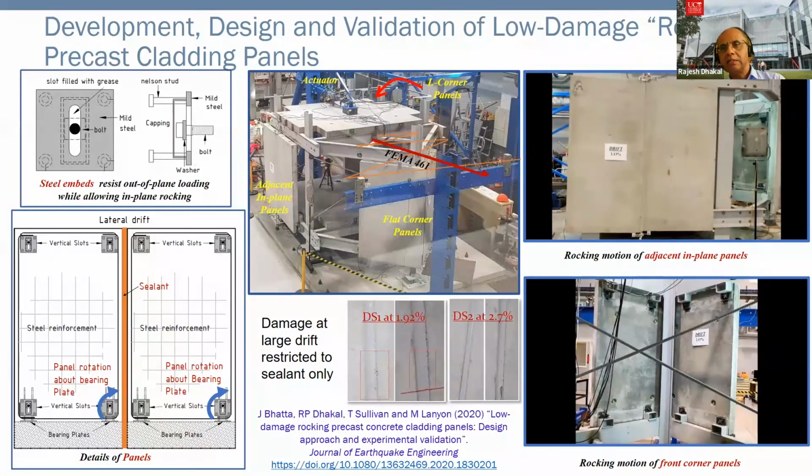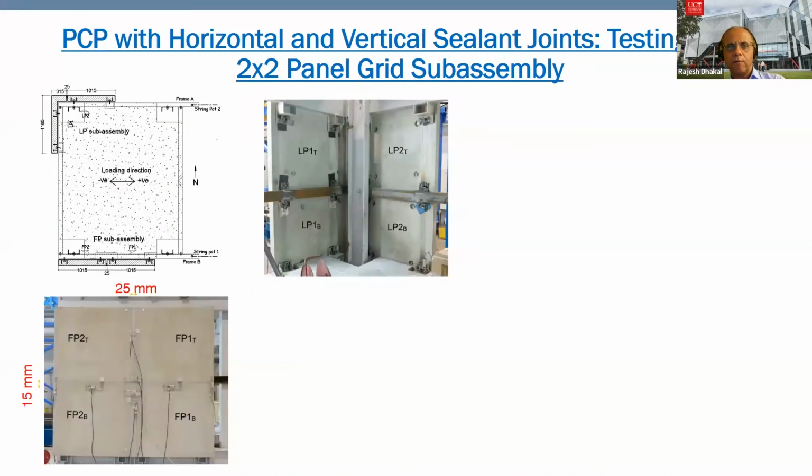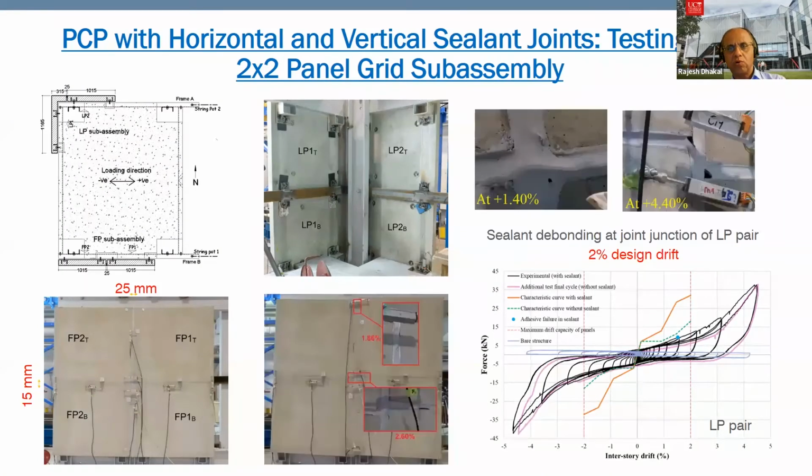And at a larger drift of beyond 2.5%, you will see some minor, partial tearing of those sealant joints in between different panels. And not only this test, but we also did a test in our lab to look at what happens when we have multiple stories of these panels, and there are vertical connections as well as horizontal connections. So it is like a 2x2 panel grid that we applied, and when we tested, we could validate the performance of these sub-assemblies as well.